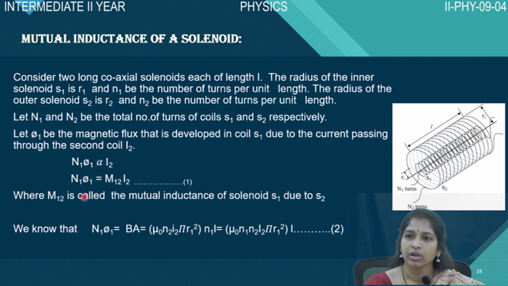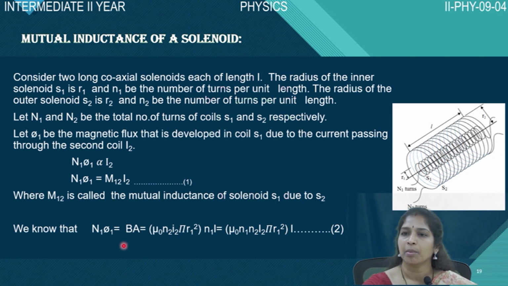And we know the magnetic flux phi is B into A. This is the expression for magnetic flux. Now what is the total magnetic flux in the first solenoid that we are calculating? There are N1 turns. So N1 phi1, the total flux in solenoid S1, is B into A. What is B?